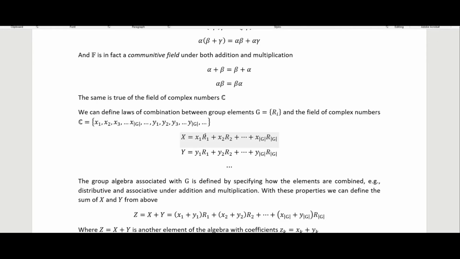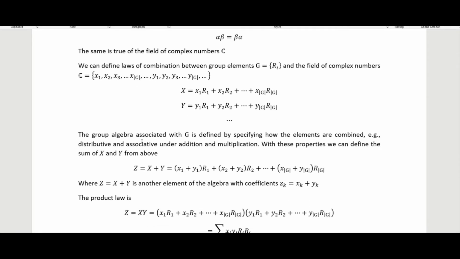We could do that with this combination, or we could take a different combination of complex numbers. It could be almost exactly the same, but with just one of them changed. But the idea is we could have all different numbers on here times each element of our group.